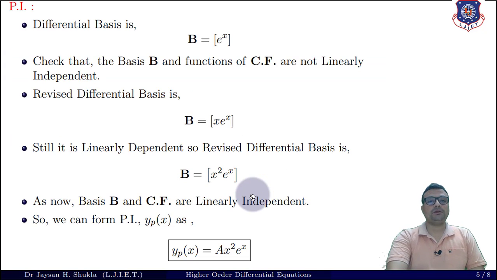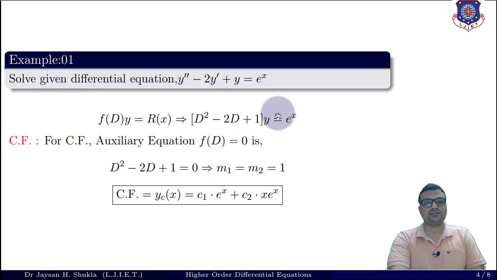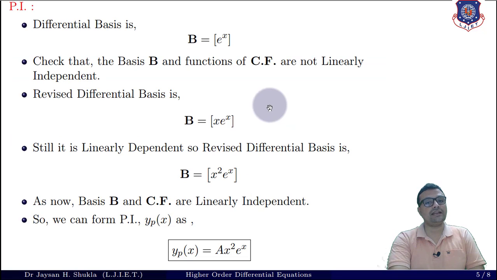Now coming to the main part: how to identify the differential basis. On the right hand side of the equation, r(x) is e raised to x. All possible derivatives of e raised to x are considered, and they are e raised to x only. So along with the function, all possible derivatives can be generated by only one element, which is considered in this basis, e raised to x.